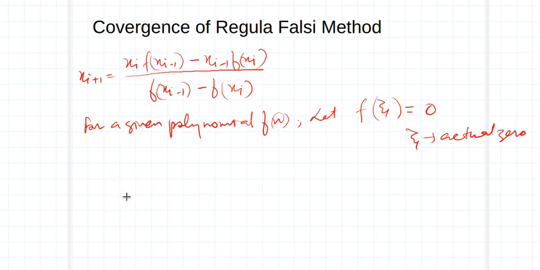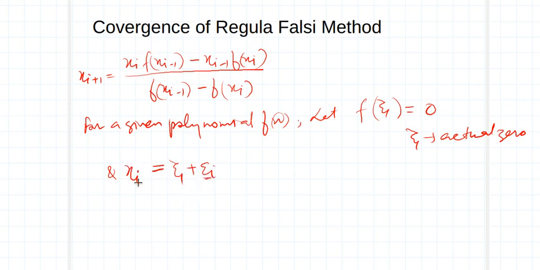And say if x_i is the estimated zero of that polynomial, then it will incorporate some error into it, because it is a little bit different than the actual zero. So it is ξ plus ε_i. It is the error in it.